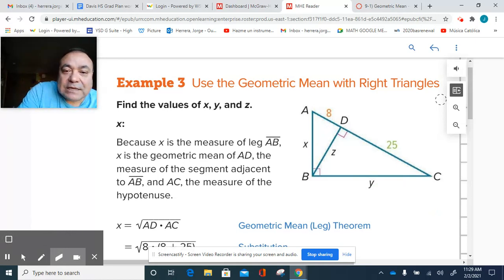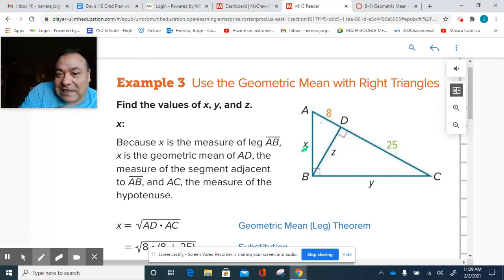Now please notice that x is right about here. So immediately what's in front of it is 8. You can see that. That's the length, the segment AD times AC. Now AC is all of that right there. Can you see that? Because it's right in front of it. So this will become like the geometric mean basically, but we're going to find that by finding that multiplication right there.